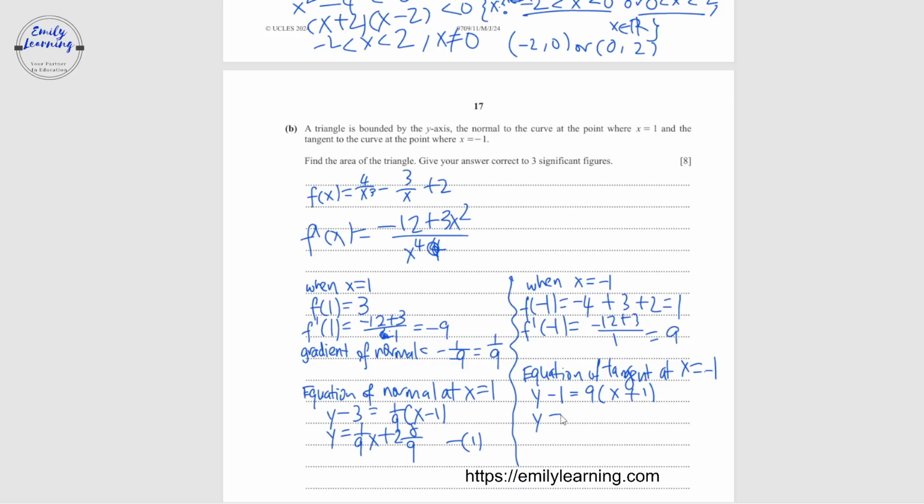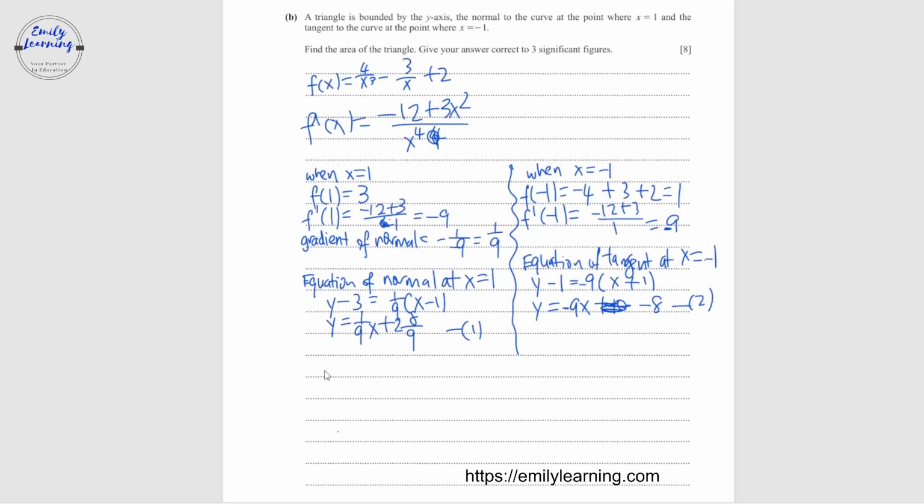So I have y equals 9x plus 10, right? Wait, oh, sorry. This should be negative 9. So it's negative 9x minus 9 plus 1, so it's minus 8. Okay, let me label this as equation 2.